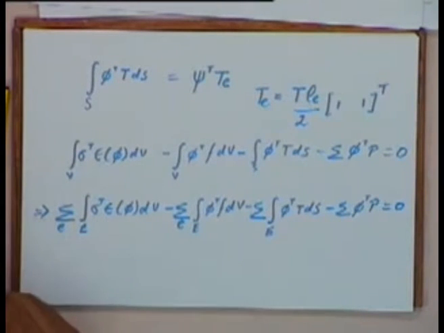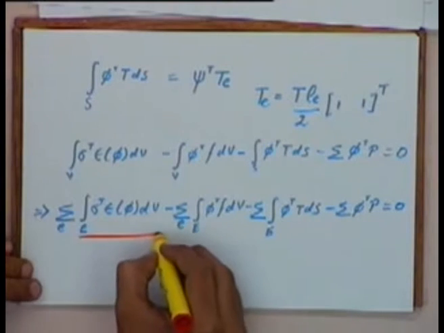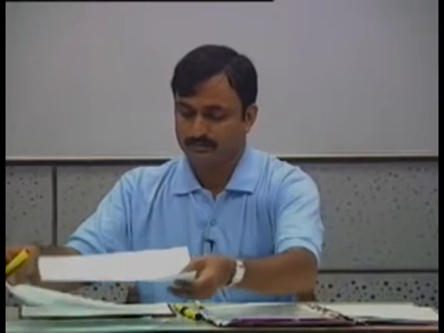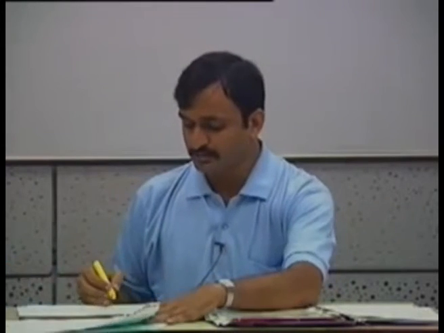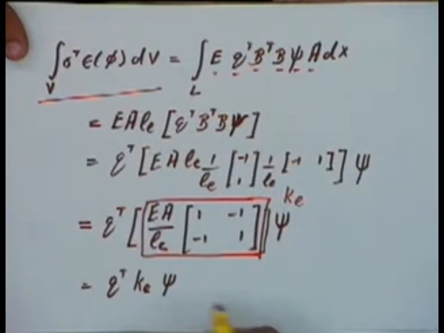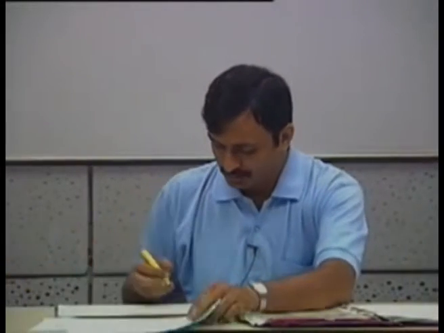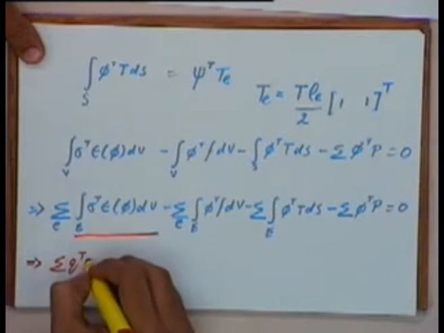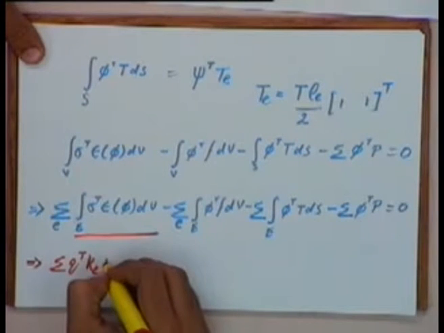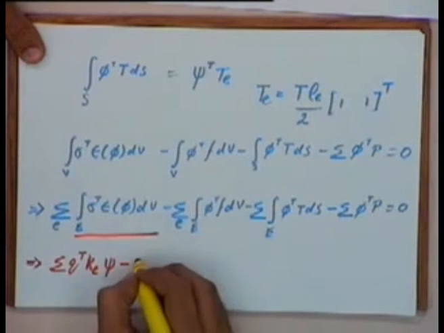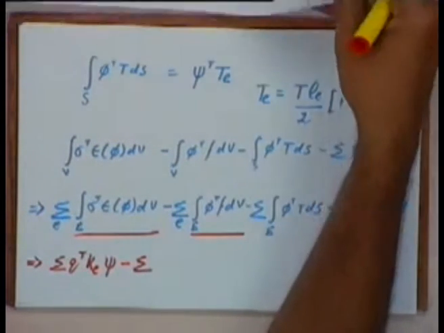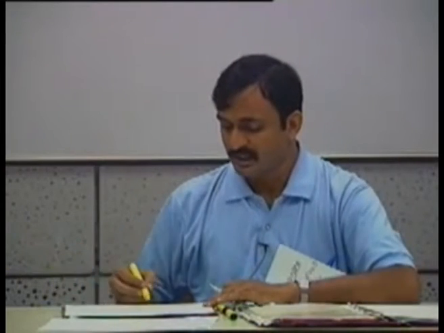Okay. Now this term is what we have just shown to be Q transpose Ke times psi. So this will give me summation of Q transpose Ke times psi minus summation of this term, which is what we just derived as psi transpose times Fe.